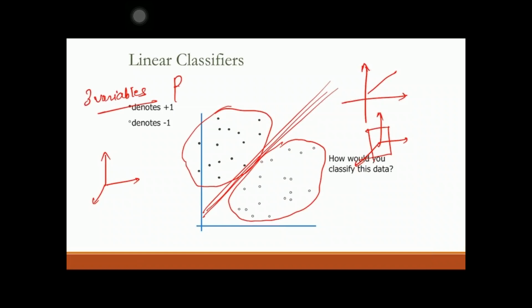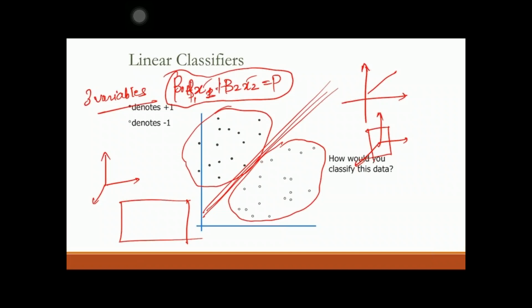the equation of this is called a two-dimensional hyperplane. Why two-dimensional? Because it involves two variables. So in a three-variable space, you can have a two-dimensional hyperplane. For example, if there are three variables, x1, x2, and y you want to predict, a hyperplane is one that has x1 and x2 in the equation.